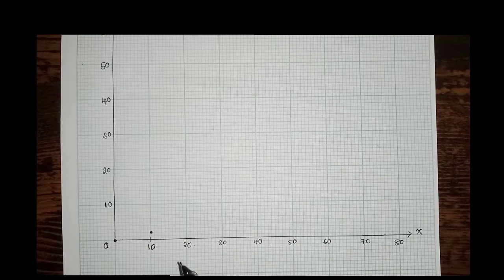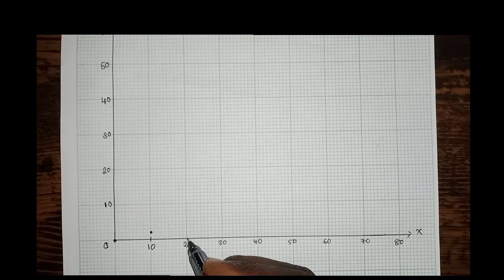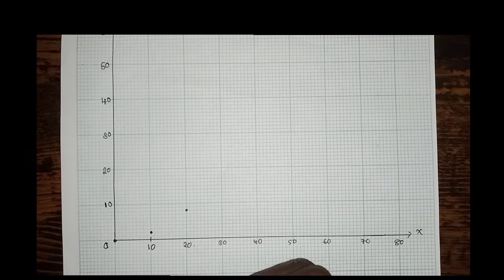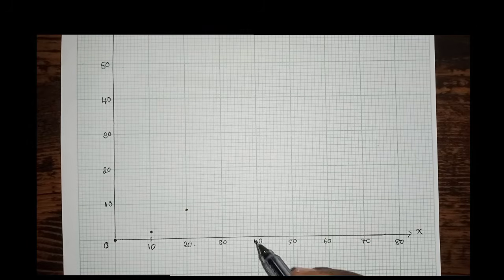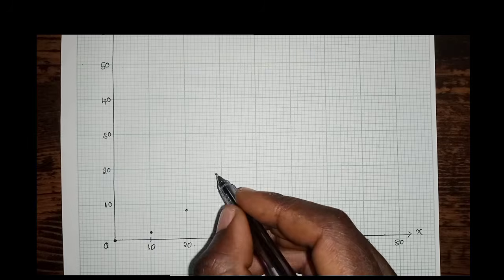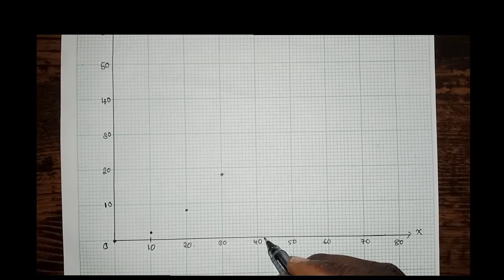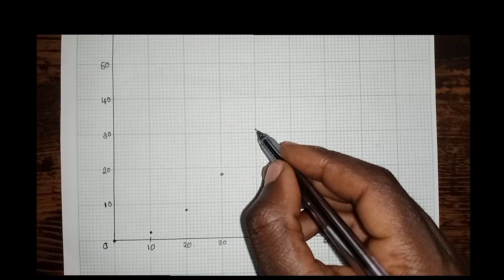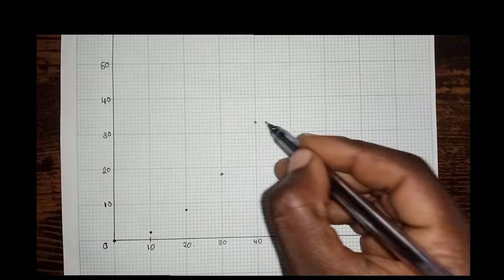So it's 10, 2, right here. The next is 20, 8, which must be somewhere here. The next is 30, 18, which must be here. The next is 40, 33: 31, 32, 33 must be here.